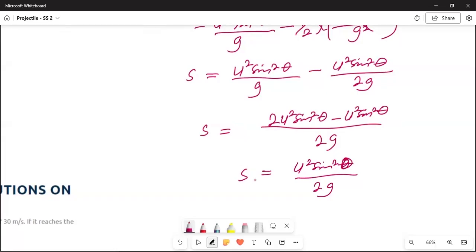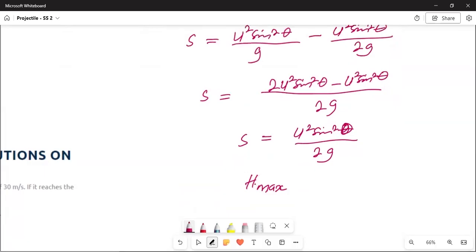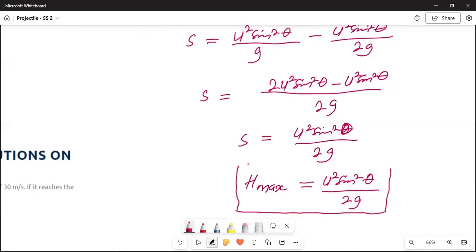You can replace this S with H max if you like, and you will see that in some textbooks. H max, because of course we are talking about height, the H there represents height. So H max is u squared sine squared theta over 2g. That is the maximum height attained by the projectile.